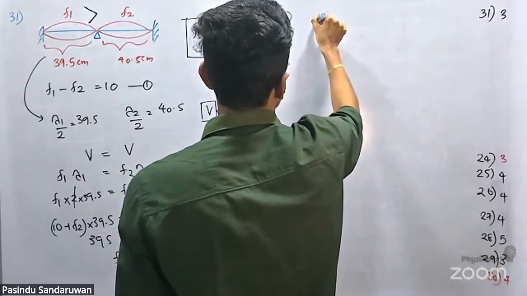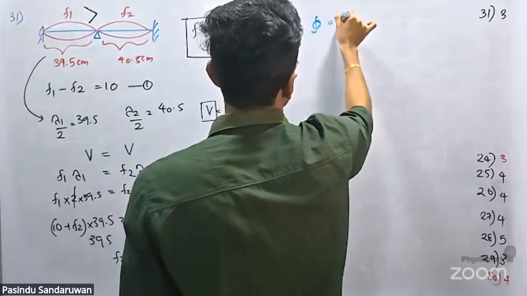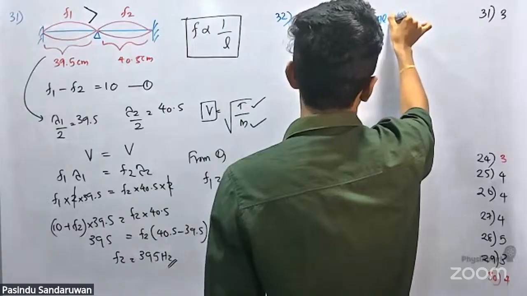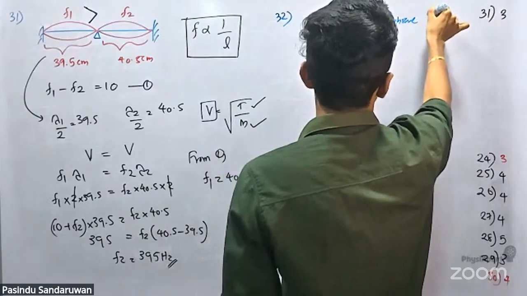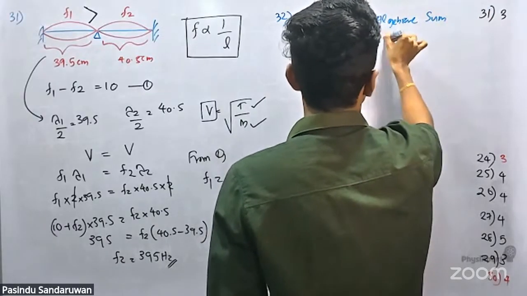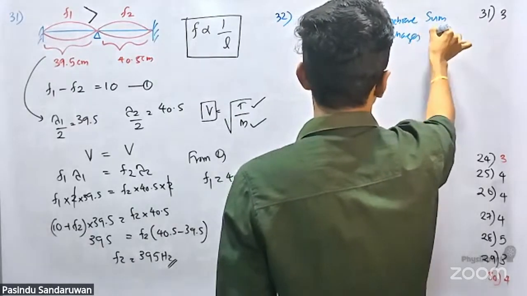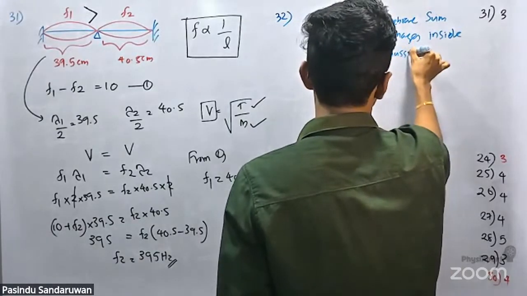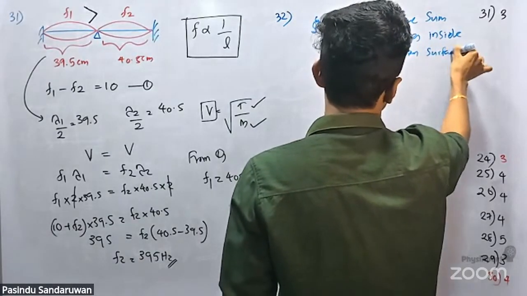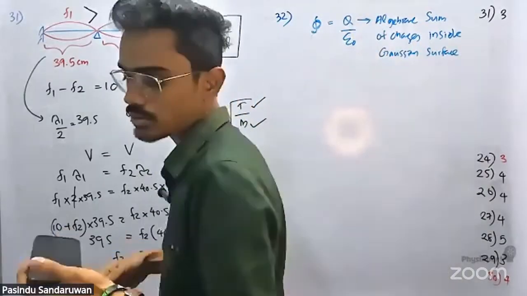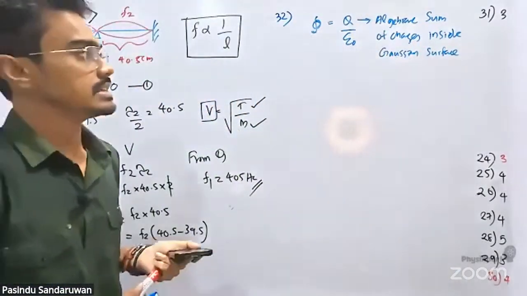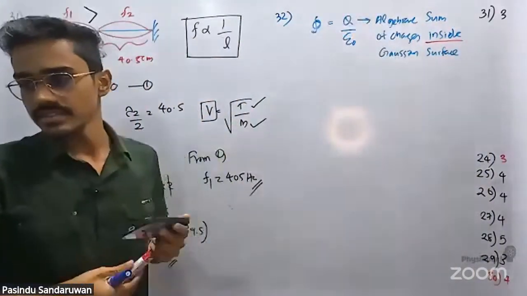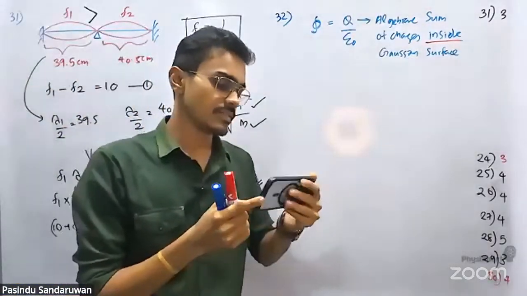It says phi equals q over epsilon naught, and this q is the algebraic summation of charges inside the Gaussian surface.